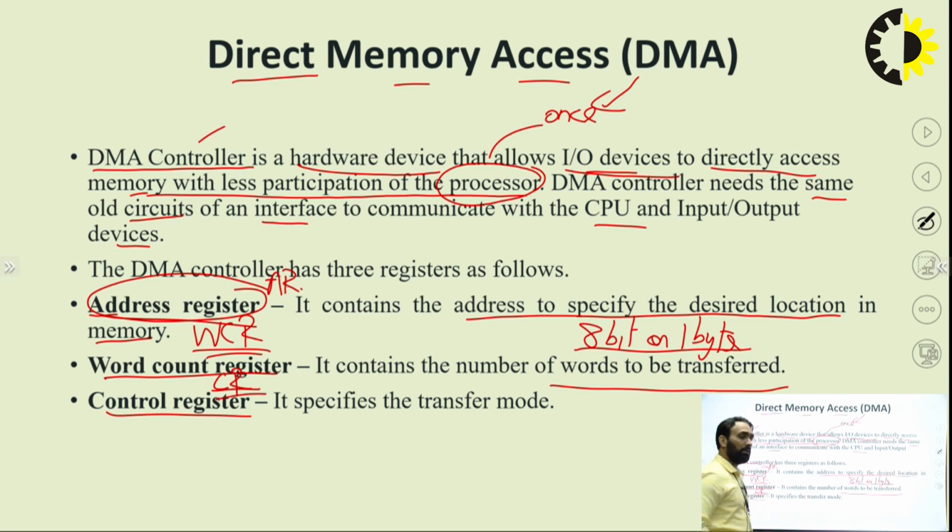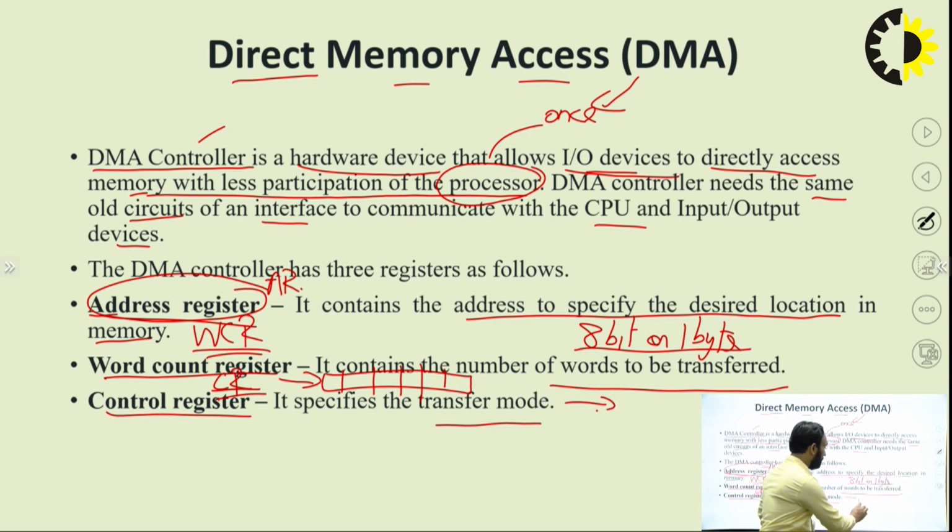It contains all the control information that operates all the operations relevant to input, output, or memory, controlled with the help of the control register bits. It specifies the transfer mode, either synchronous or asynchronous.